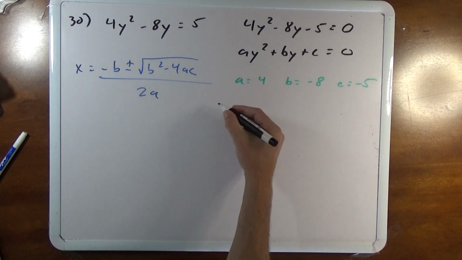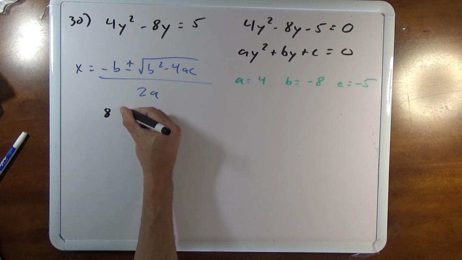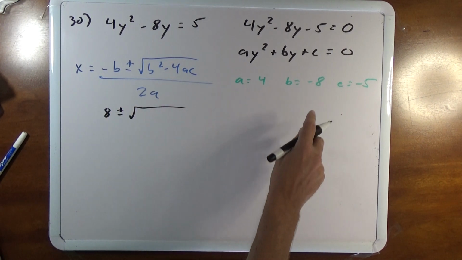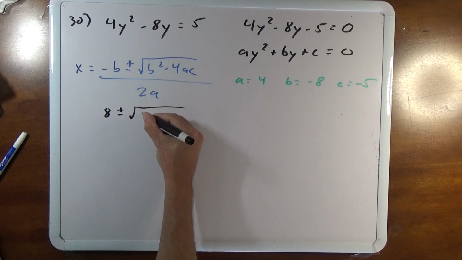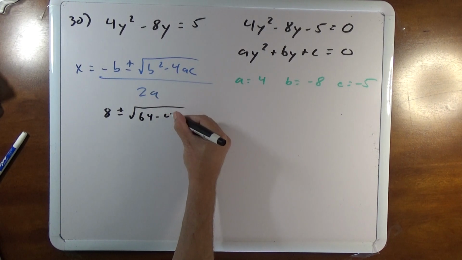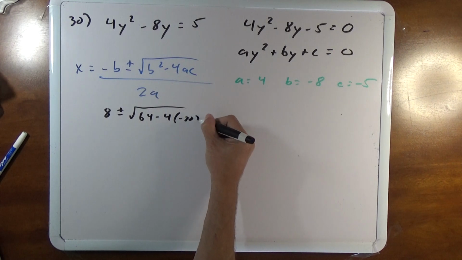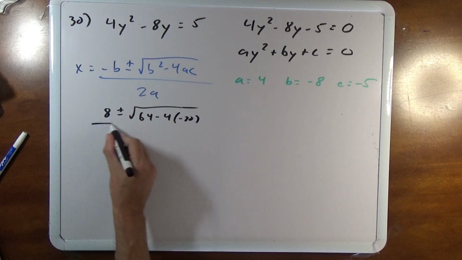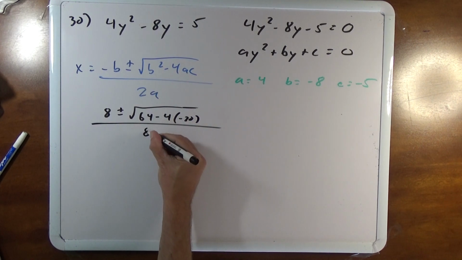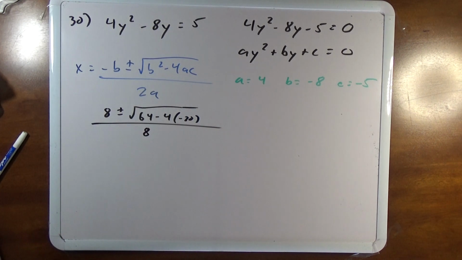So the opposite of negative 8 is 8, plus or minus the square root of the quantity negative 8 squared, which is 64, minus 4 times negative 5 times 4, which is negative 20, all over 2 times 4, or 8.